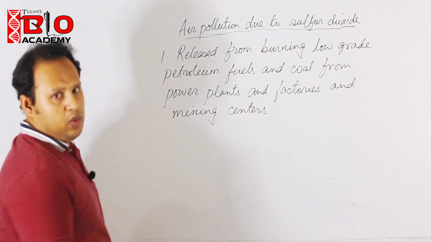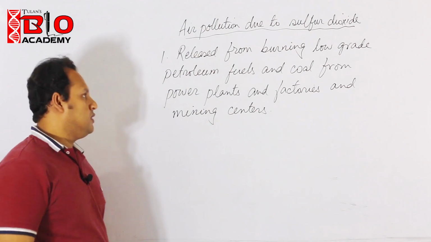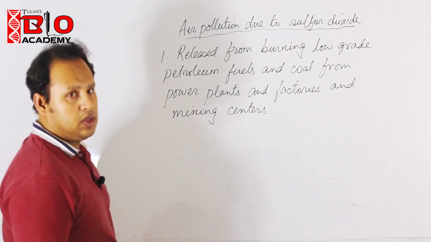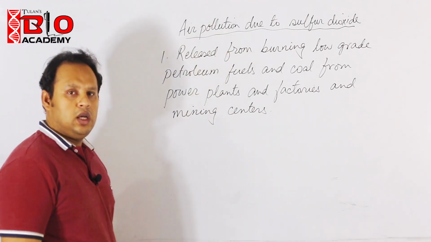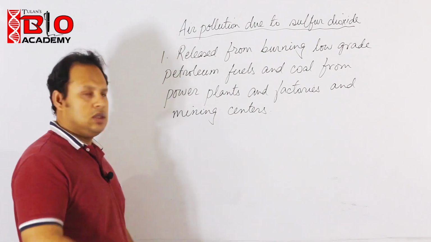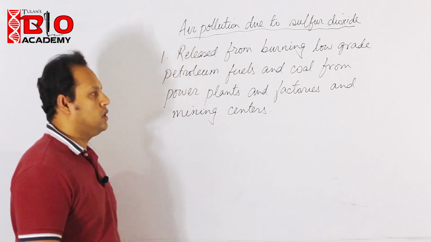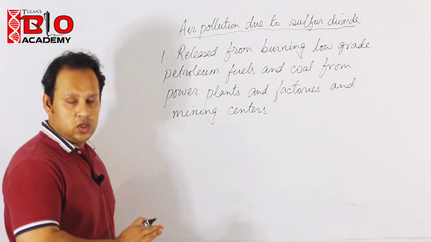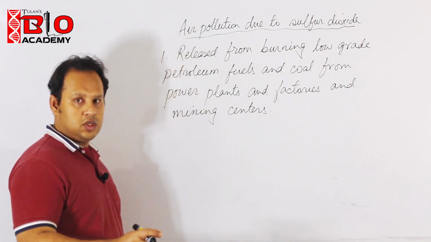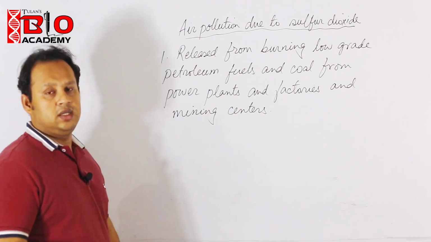So once it's released, it goes up into the environment and then it gets mixed with clouds to form acid rain, and that comes down and hampers the pH of the soil. Obviously, soil has a particular pH because soil has a plethora of organisms that live there, microorganisms and other types of organisms.